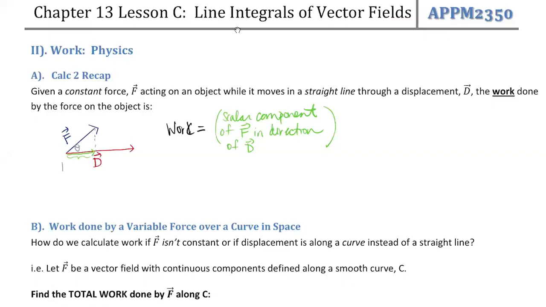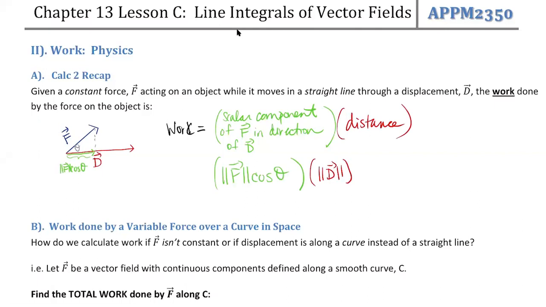And we can just see, just using trig, that this is going to be given by the magnitude of F times cosine theta. And we're then going to multiply that by the actual distance traveled, and so that will just be the magnitude of d.